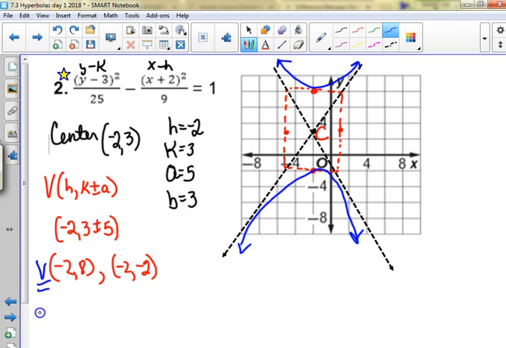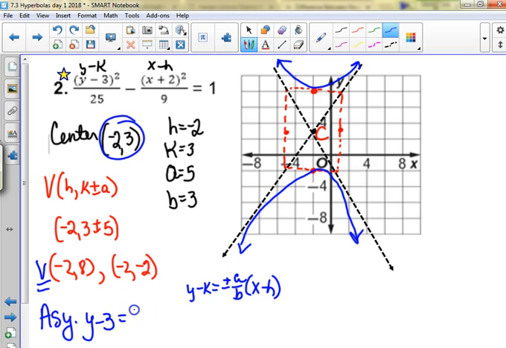How do I do asymptotes? Okay, the formula when it opens up and down is y minus k equals plus or minus a over b, times x minus h. I don't ever use that. I use point slope. I know it goes through this center. So I go y minus 3 equals plus or minus, and then I just go back here. What was under the y and what was under the x? 25 and 9, but this was 5 squared and 3 squared.